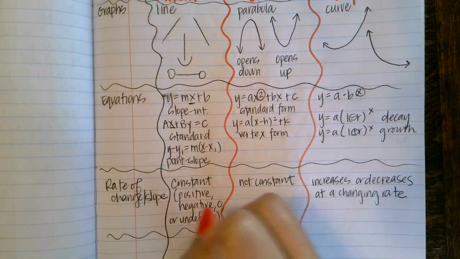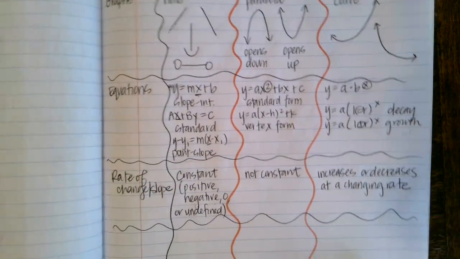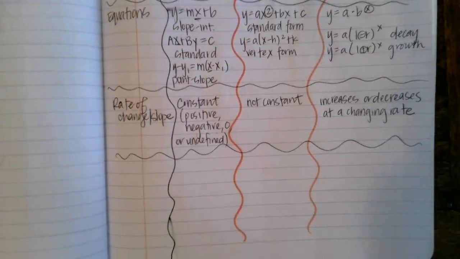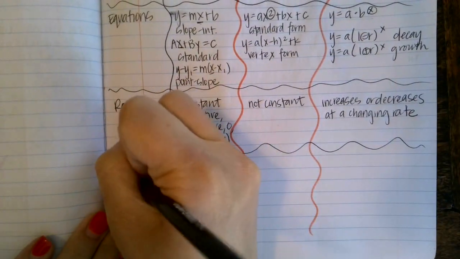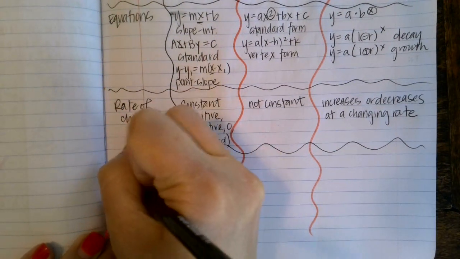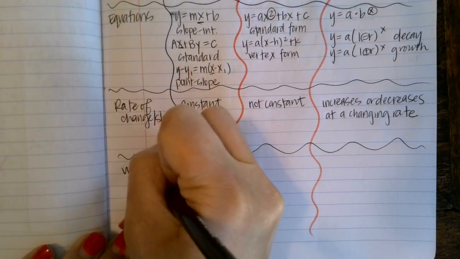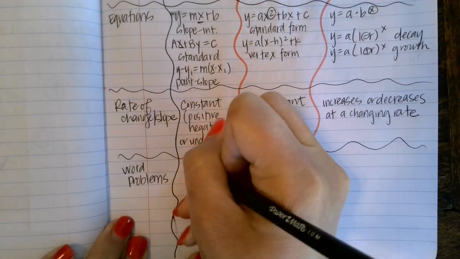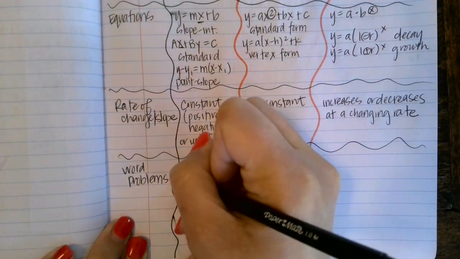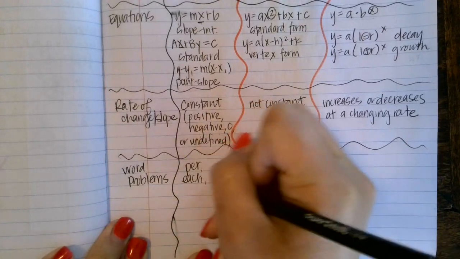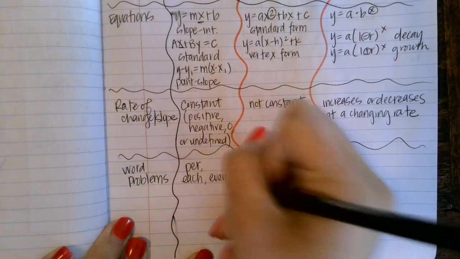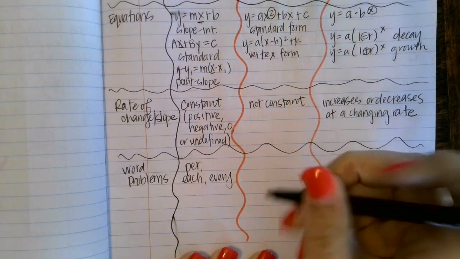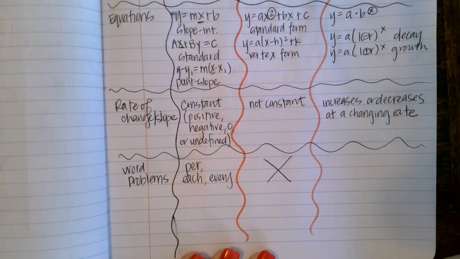And the final way I want you to differentiate between these types of equations is from word problems. In word problems with linear equations, you'll hear per, each, and every. We're not going to worry about quadratic equation word problems.